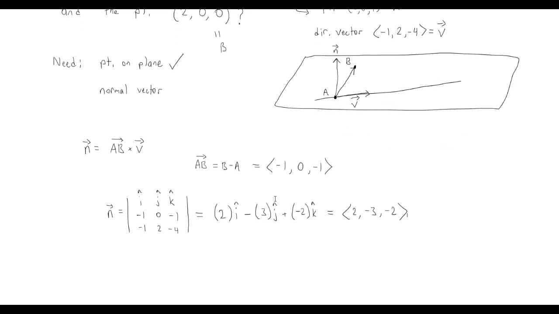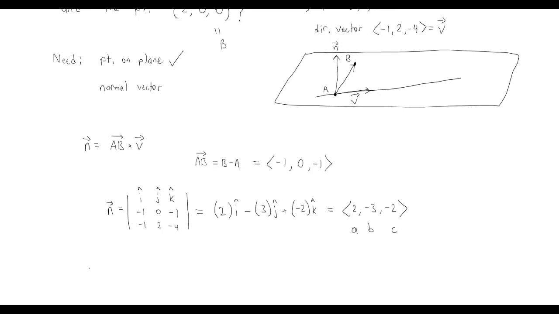Alright, so now that we have the normal vector, remember that gets us a, b, c. And then for the point on the plane, we'll use the point 2, 0, 0. So that gives us x naught, y naught, z naught.